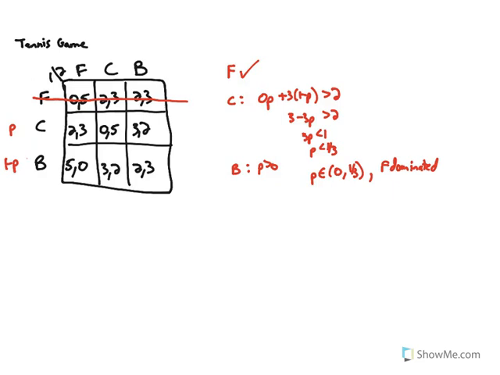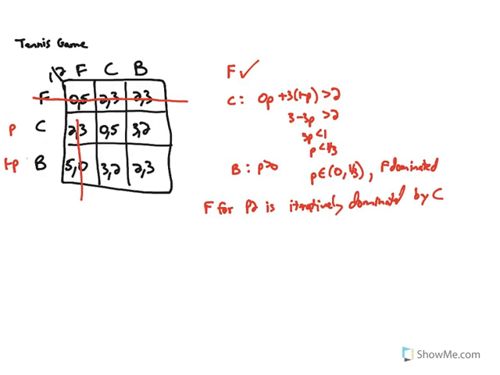Okay? And now, clearly, F for player 2 is iteratively dominated. Okay? By C. So F for player 2 is now iteratively dominated, and we're left with the 2x2 game.